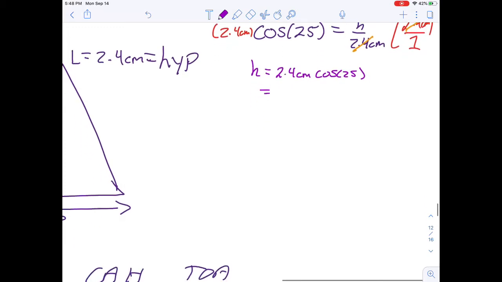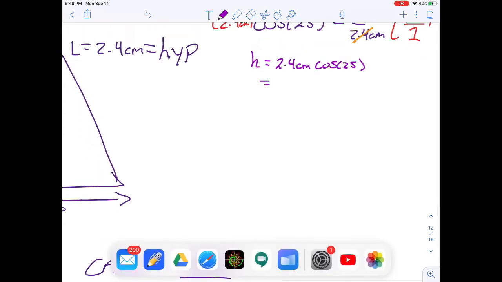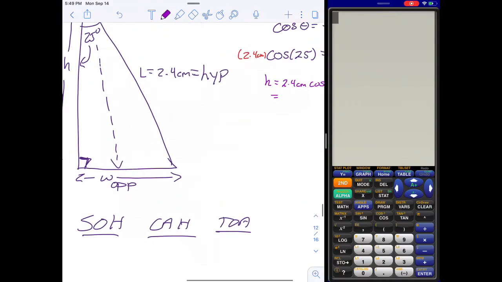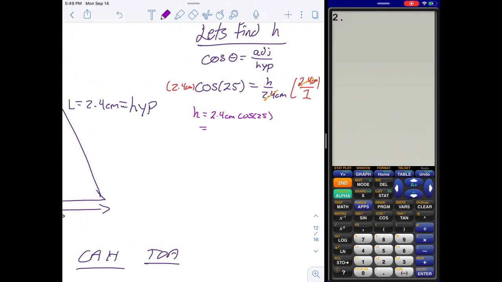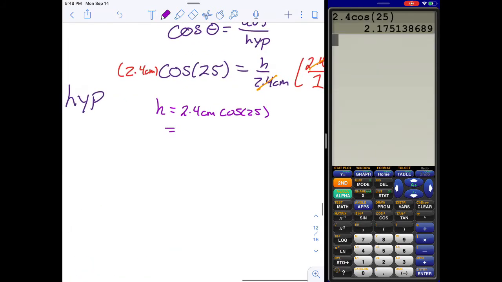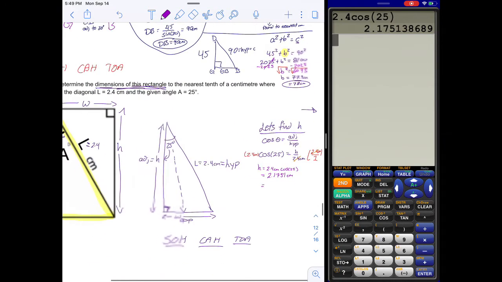Okay, let's plug that in. So 2.4 multiplied by cos 25 gives me 2.1751 centimeters. Does it tell us to round it to anything? It does.